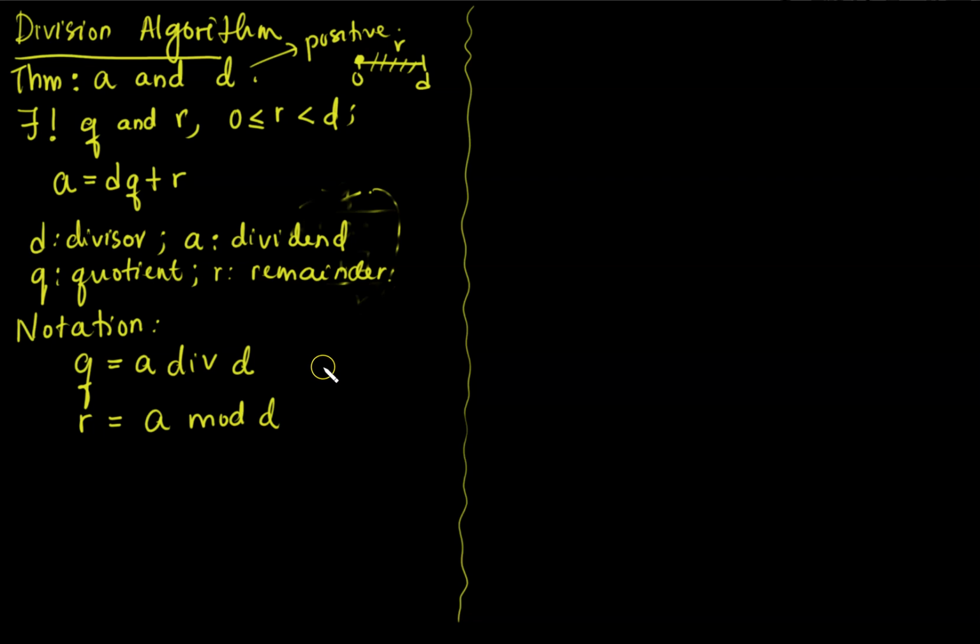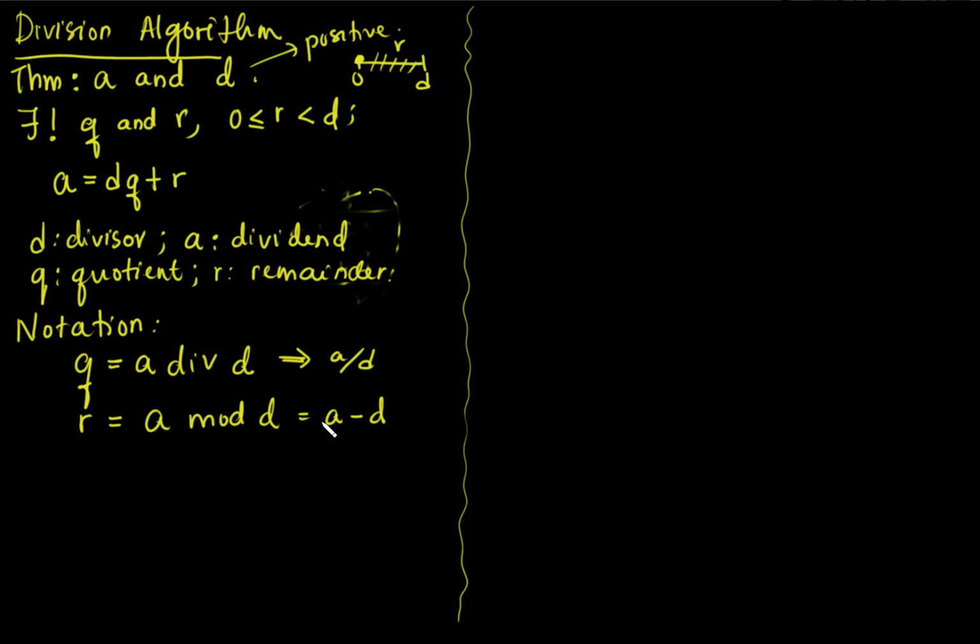A div D and A mod D are functions on the set of integers for a fixed D. A div D basically means A divided by D, and A mod D is basically A minus D times Q. That's how we will actually compute these things.